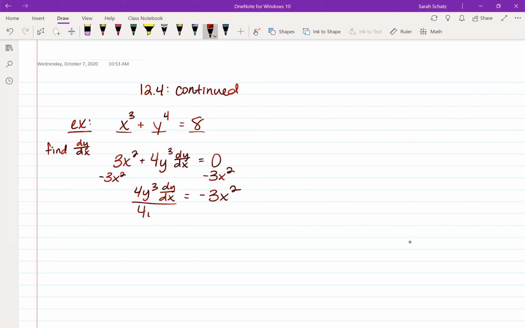And then I just divided both sides by the 4y cubed, and I got that dy dx equals negative 3x squared over 4y cubed. And then that was that. So I did a lot of problems like that where we took the derivative of each term as is, and then we solved for dy dx.